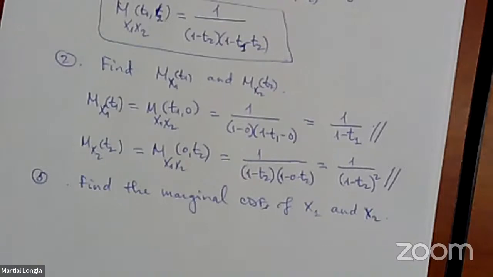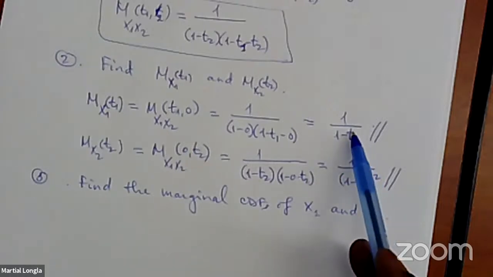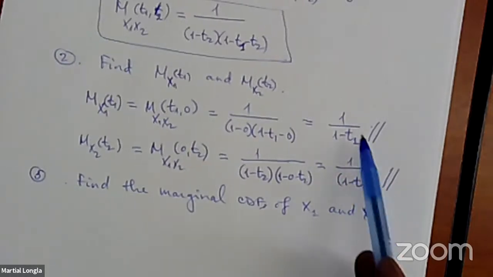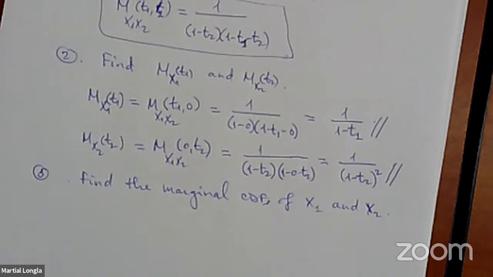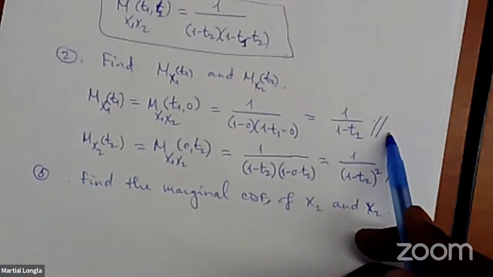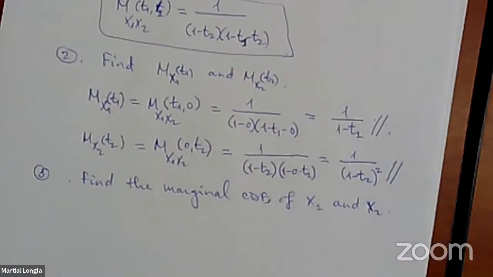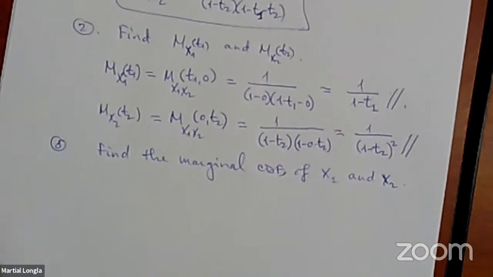To find the marginal CDFs, knowing that here you already have the marginal moment generating function, if you know a way of going from the marginal moment generating function to the distribution, you can apply that to find the answer here. Or you can go back to the definitions that I gave you last time to find the marginal PDF first, then use the marginal PDF to find the marginal CDF by integrating. Okay? And that's the part that I'm going through to apply what we did last time.